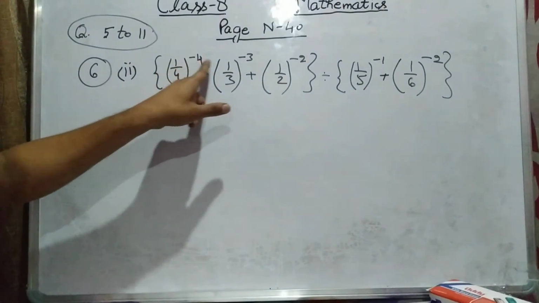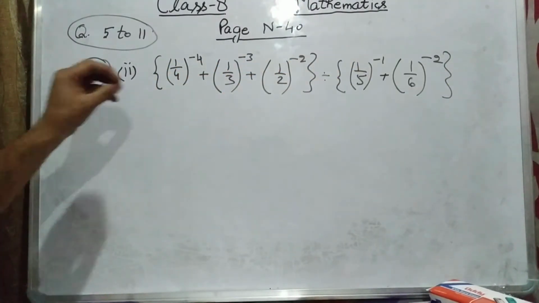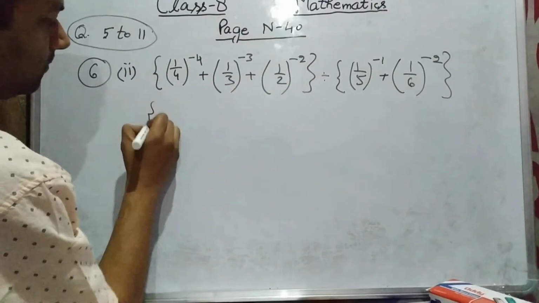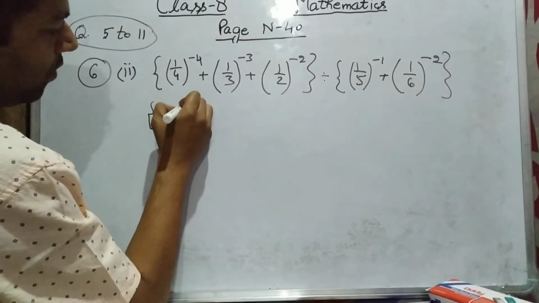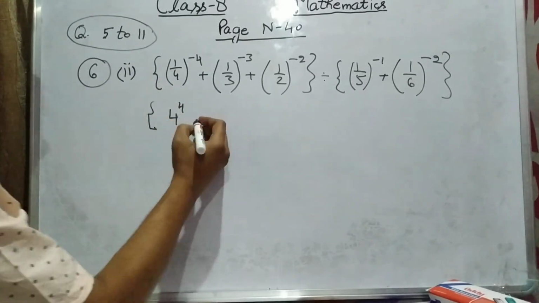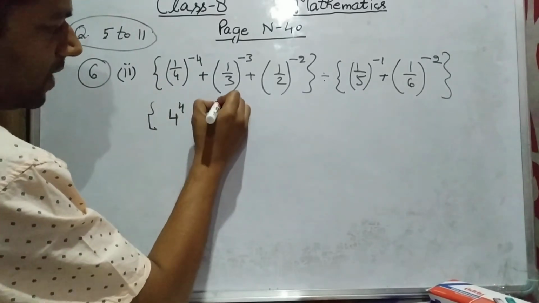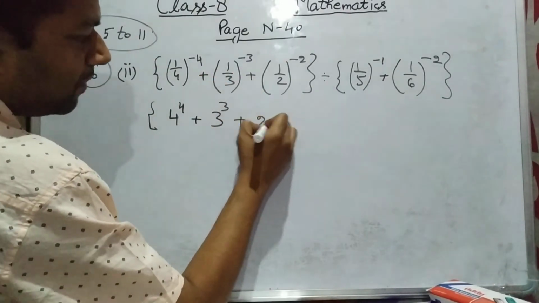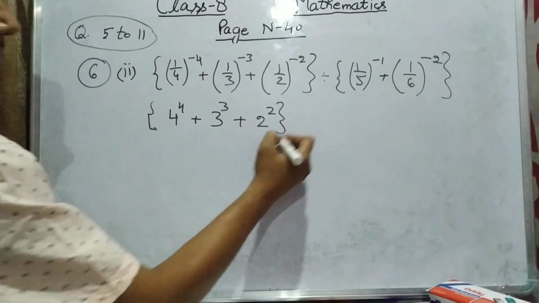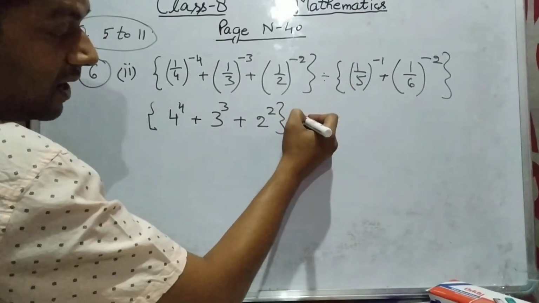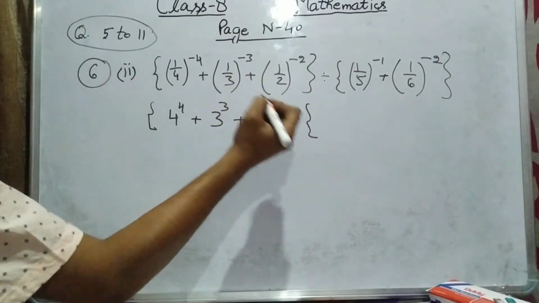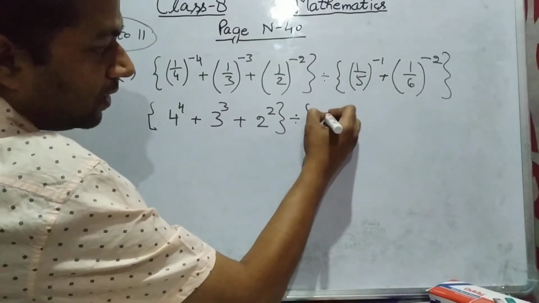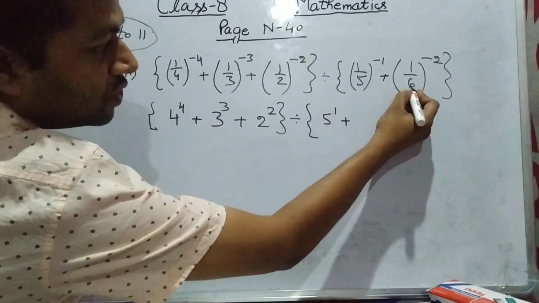Now check, all the powers are negative. This question is very easy. You see how? 1 upon 4 to the power minus 4 becomes 4 to the power 4, the reciprocal. 3 to the power 3, reciprocal of 1 upon 3. 2 to the power 2. Divide sign. Don't convert it right now as a negative, multiplicative. 1 upon 5 to the power minus 1 is 5 to the power 1, and 6 to the power 2.